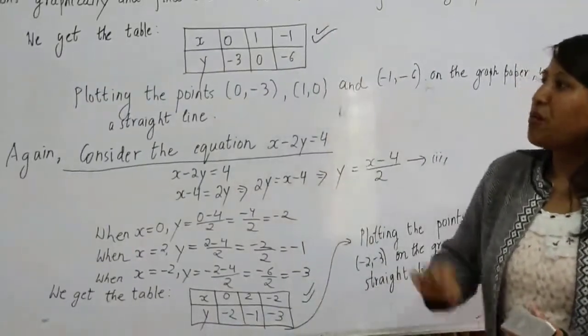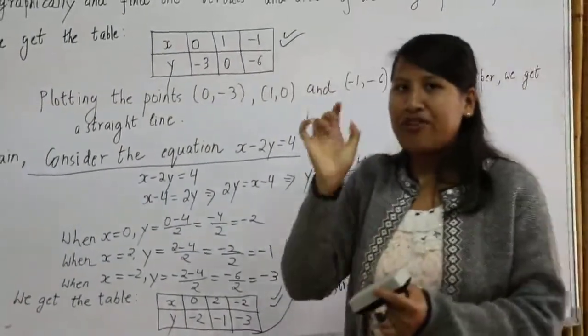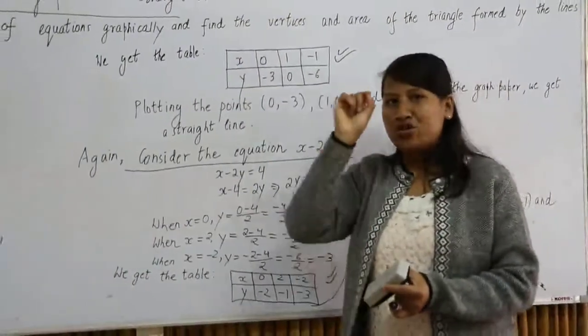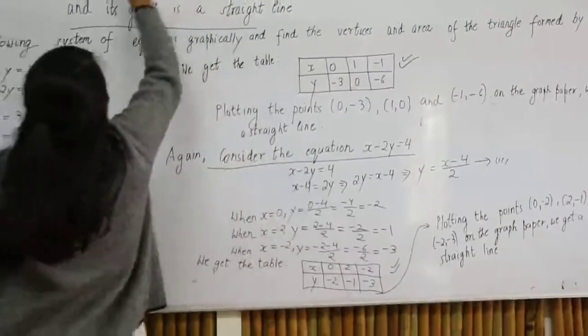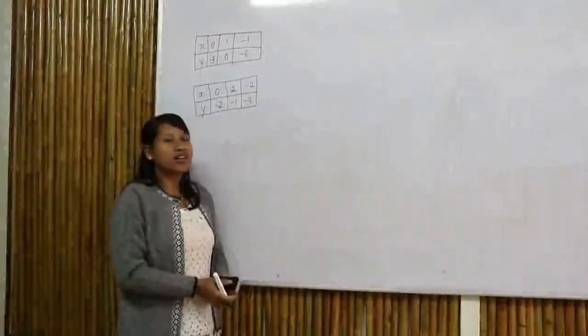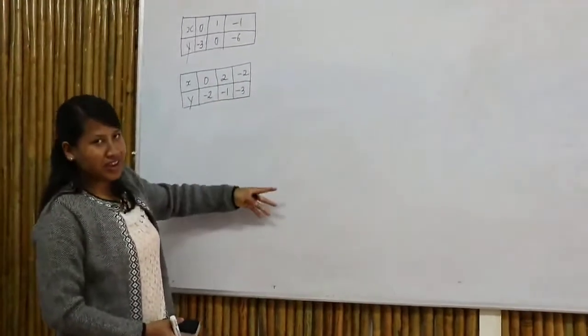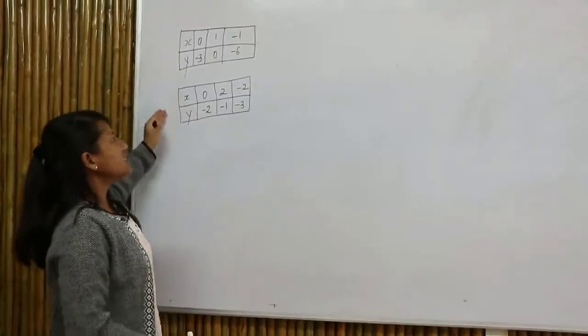For plotting the graph, you take the graph paper they will provide you in the exam, and then you draw 2 straight lines. After finishing solving the equations, the most important things are these tables.